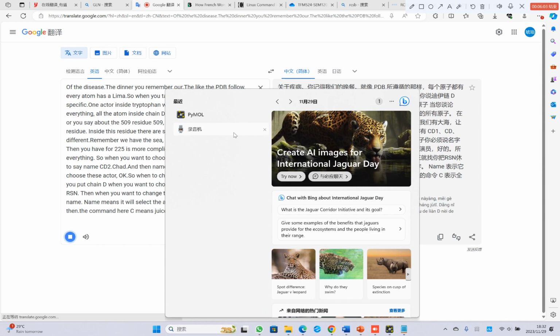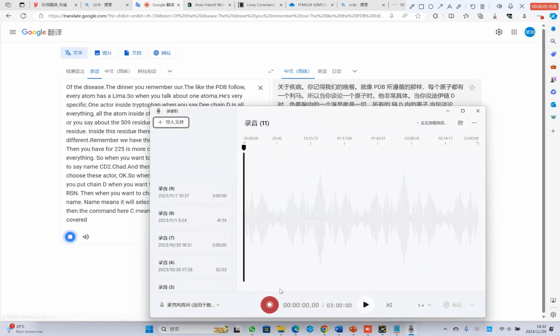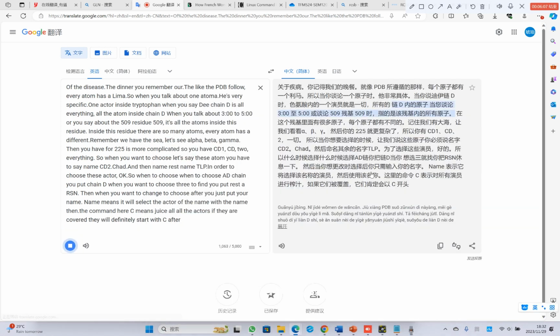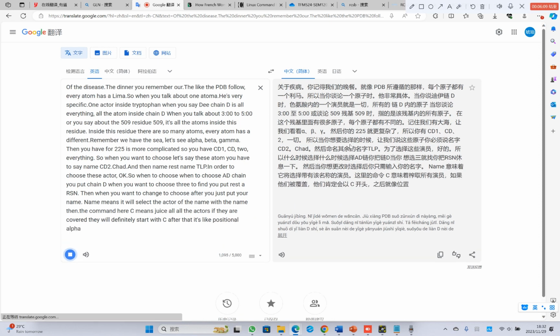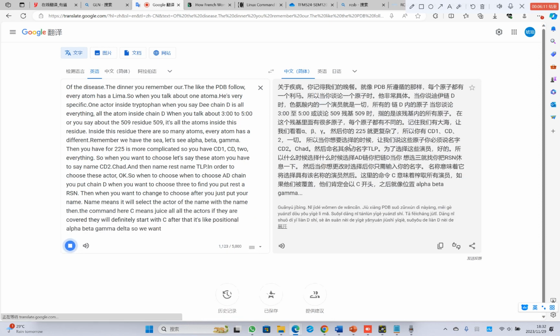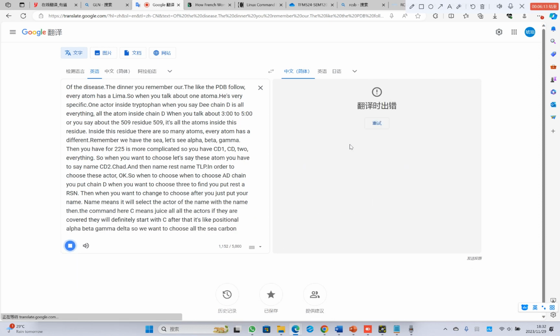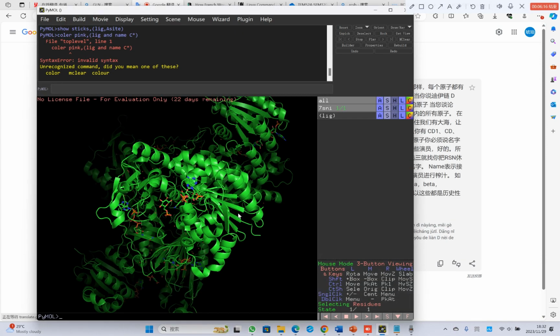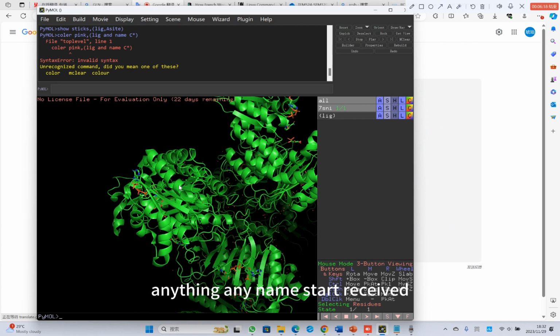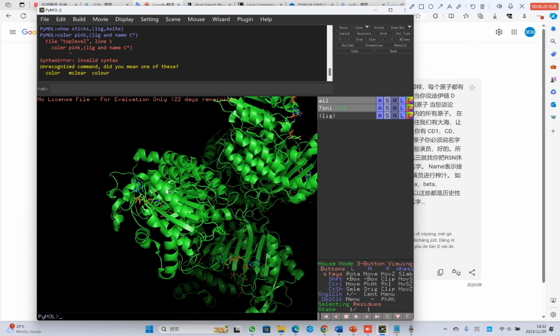All the atoms, if they are carbon, they will definitely start with C. After that, positions like alpha, beta, gamma, delta. So we want to choose all the carbon. So this asterisk is like a wildcard, anything. So any name that starts with C will be chosen.